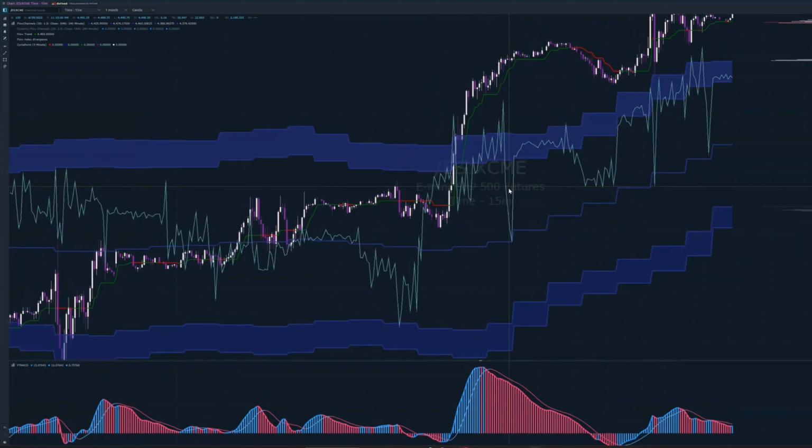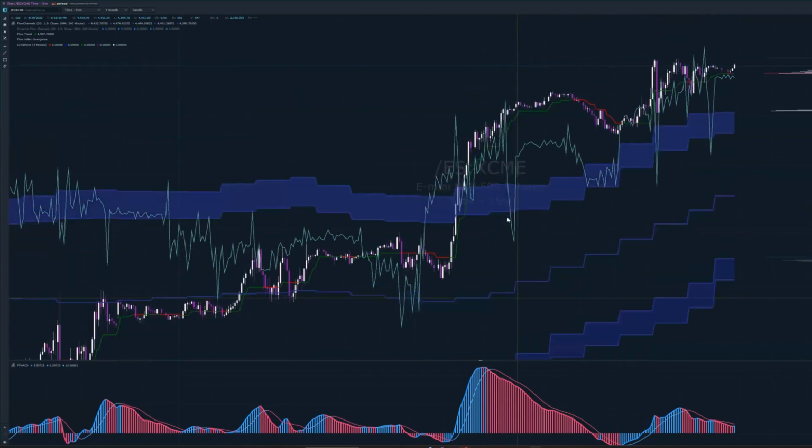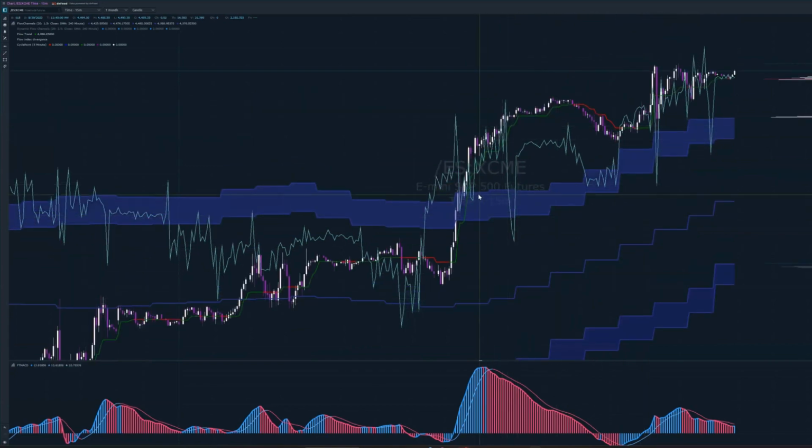So on a time frame, if you get above this 1.5, it has bullish strength. If you get below this 1.5, it has bearish strength. If you break out completely, there's acceleration. So we get above the 1.5, we have bullish strength, we break out, and it's super strong.